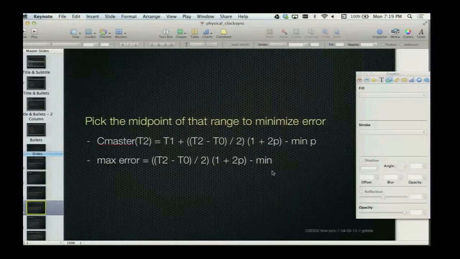The smaller the error that you want, the less likely it is that you'll actually achieve that round trip time. So this gives you a probabilistic method where you measure a bunch of interactions with the server and toss out all the ones that you don't like because they're too high of a round trip time. That gives you a trade-off between the accuracy of your clock and the probability that you actually successfully achieve clock synchronization. That, in the end, is the right way to think about all of this.